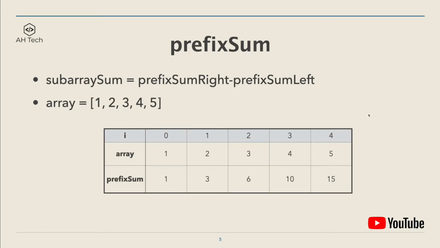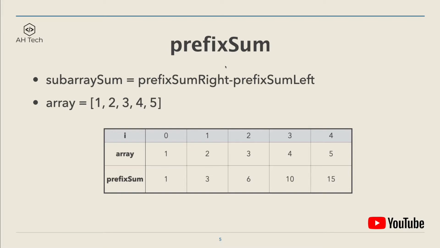So let's first take a look at what prefix sum is. Prefix sum at each index in the array is basically the sum of all the items up to it. So for example, for this array 1, 2, 3, 4, 5, the prefix sum at index 0 is 1, at index 1 it is 3, which is 1 plus 2, and index 2 is 6, which is 3 plus 3, and so on.